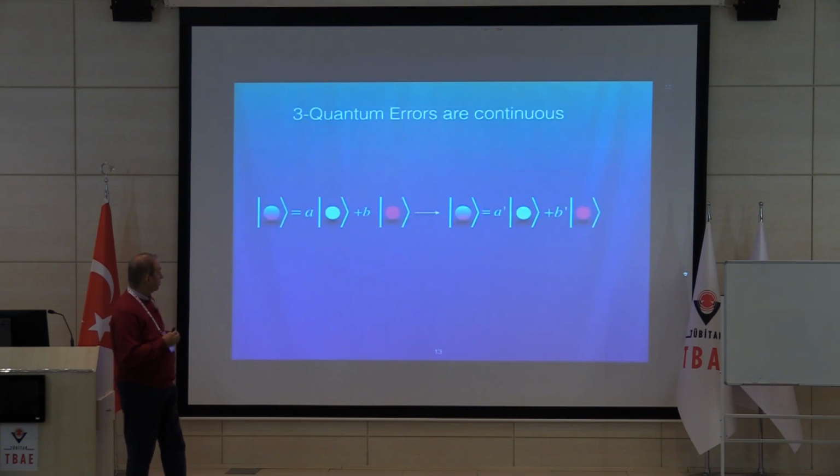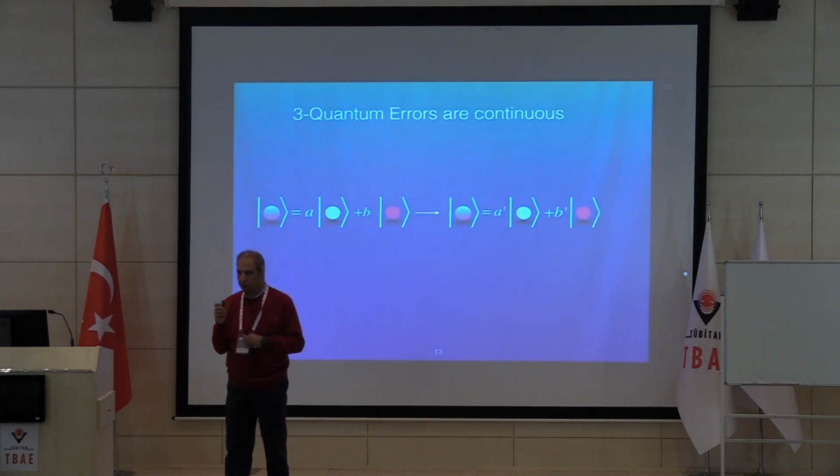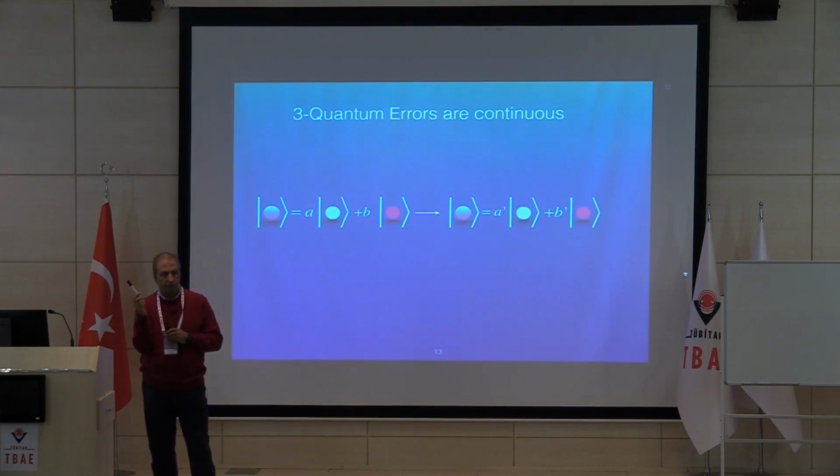The third property is that they are continuous. Bits are zeros and ones, classical bits. But quantum bits are states, like this one. And then it gradually may change. We wander around, right? You start from this state, and gradually it becomes this state.